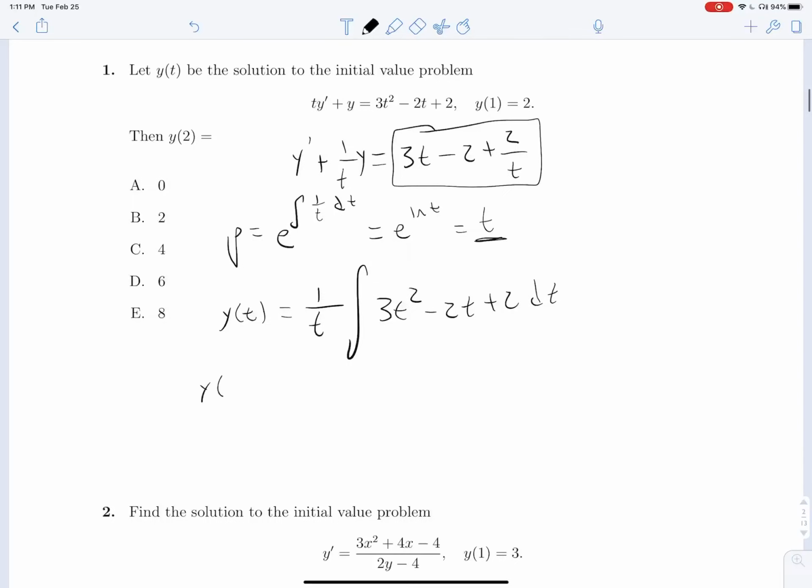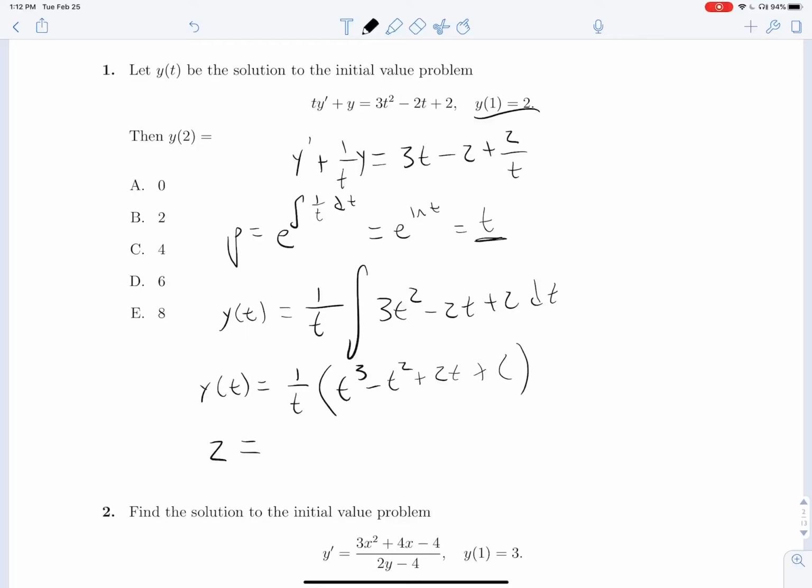This will give us y of t is equal to 1 over t times t cubed minus t squared plus 2t plus c, and we can solve for c using this initial condition. Y at 1 equals 2, so 2 is equal to 1 times 1 minus 1 plus 2, I'll simplify things down here, 2 plus c. So we see that c is equal to 0.